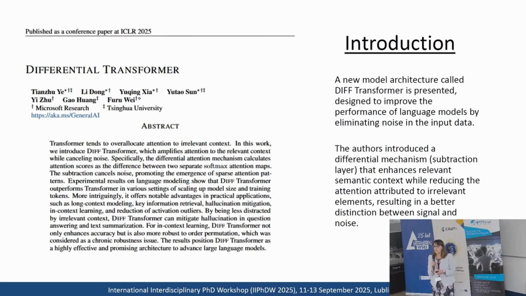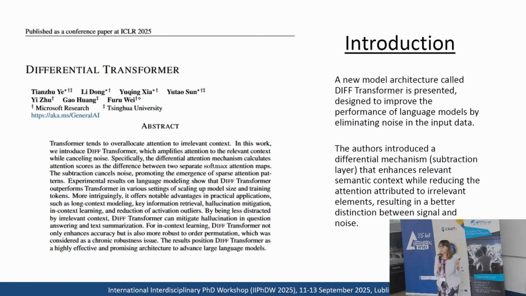So they use a subtraction layer to reduce the attention distributed to irrelevant elements. And they show that using this architecture, they got a better distinction between signal and noise.